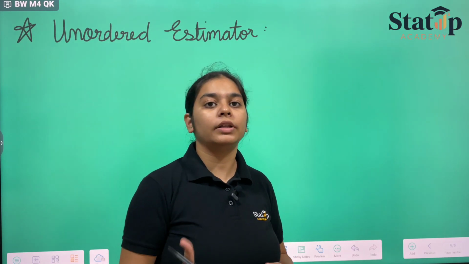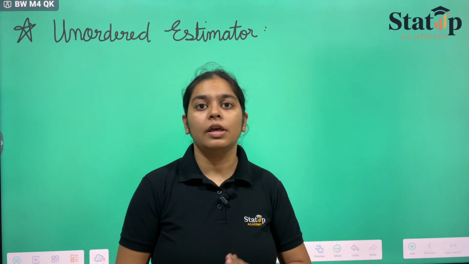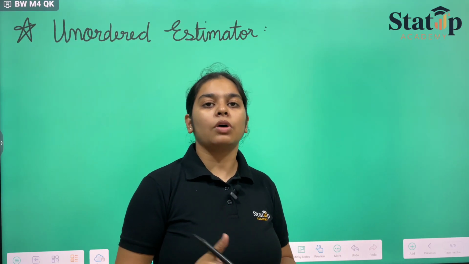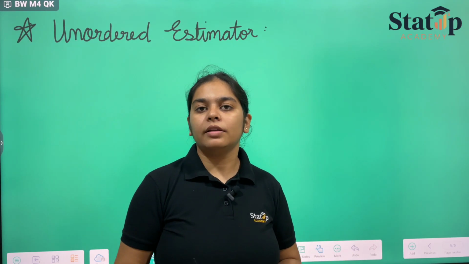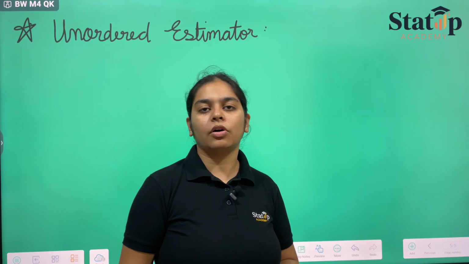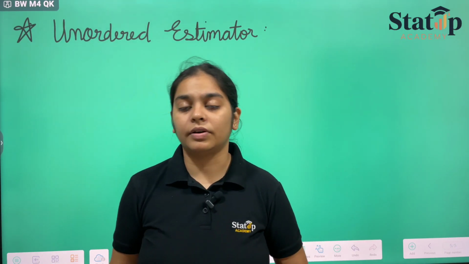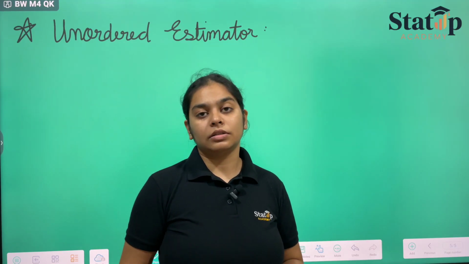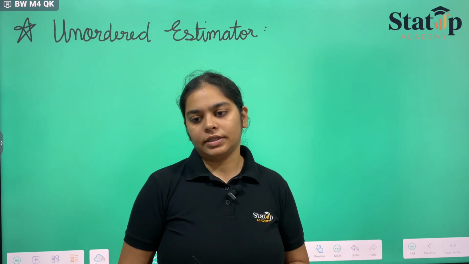If first one is drawn, then it is first order. Second one is second order. Then those kinds of estimators are known as ordered estimators. But when we do not take into consideration the order, whether a unit is selected first or second, we don't consider it.